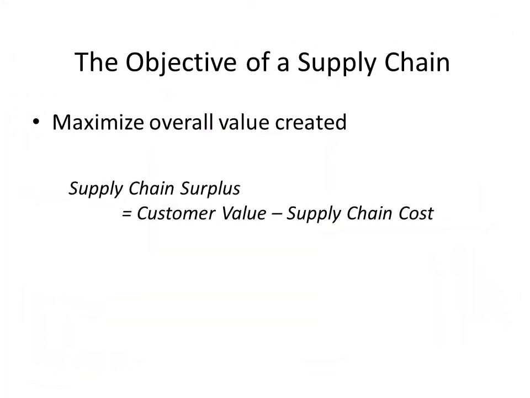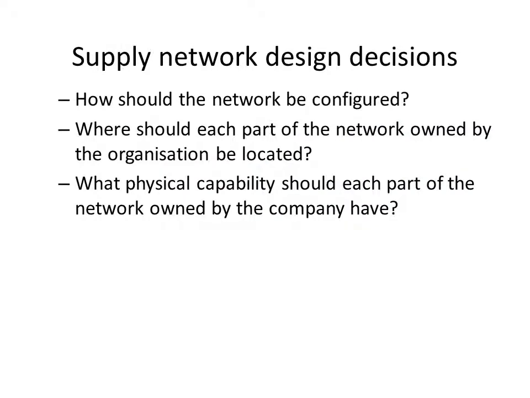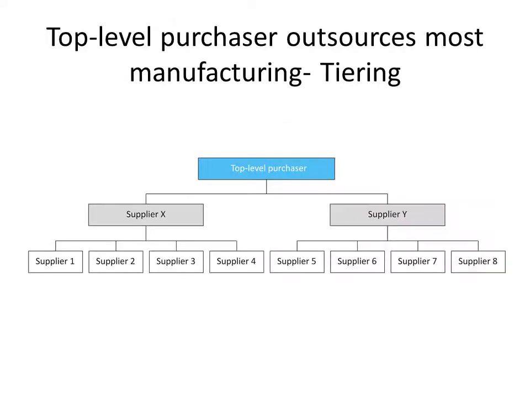Value, strategies, traditional ways of doing supply chain to new ways, and of course the old way was protective, transactional, etc., and new ways tend to be different. Networks, decisions have to be made. How to configure networks, that's your before, and that's your after.